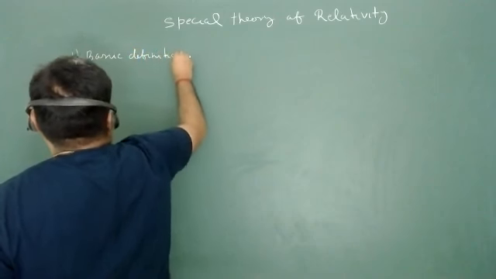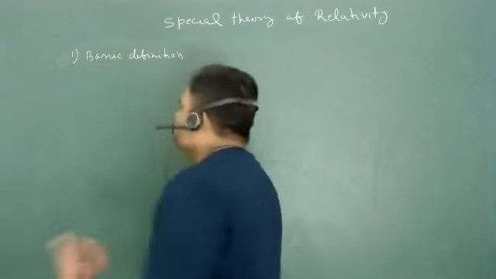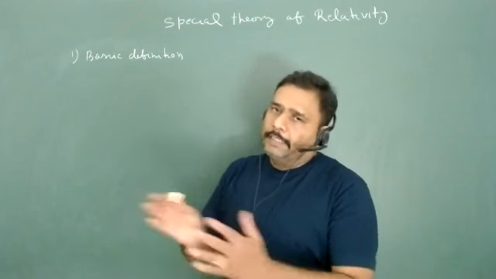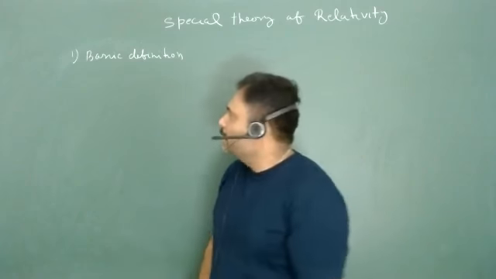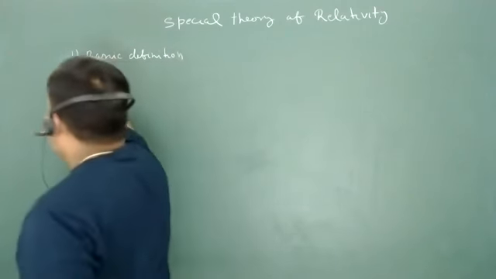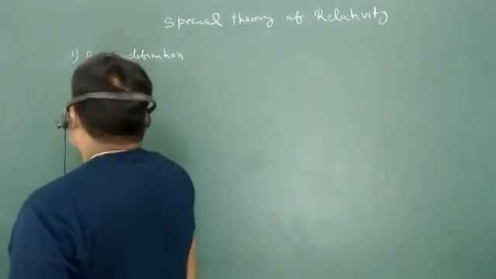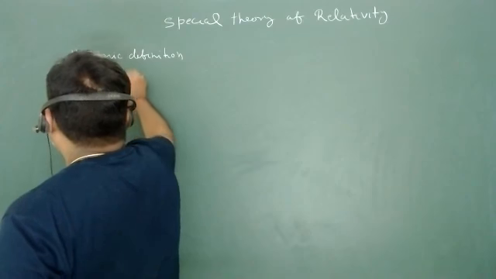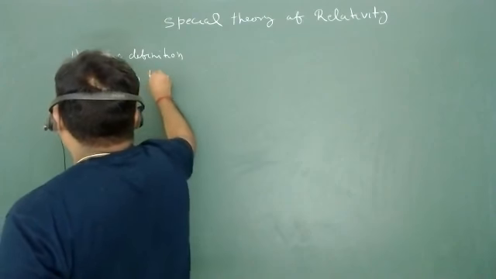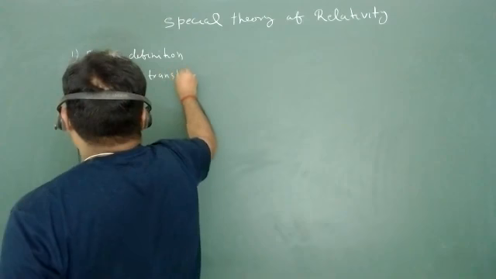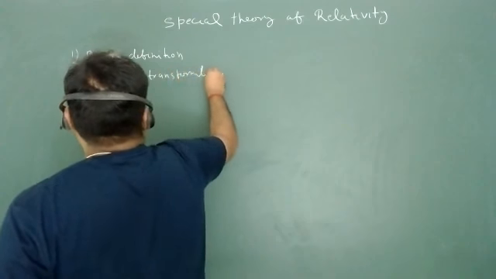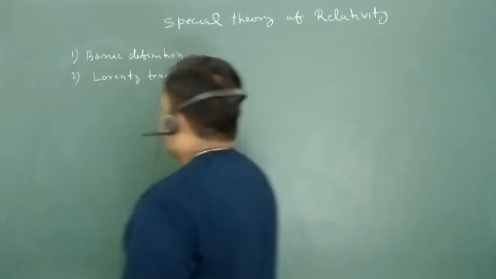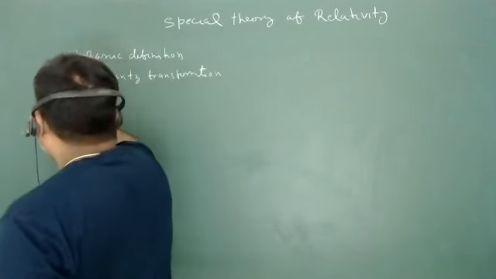Today we will just go for basic definitions. It is very important, and most of these things I am sure you people know, but it's my duty to revise from scratch. Next class we will go into the Lorentz transformation. And if we learn the Lorentz transformation, then we will learn the relative speed.